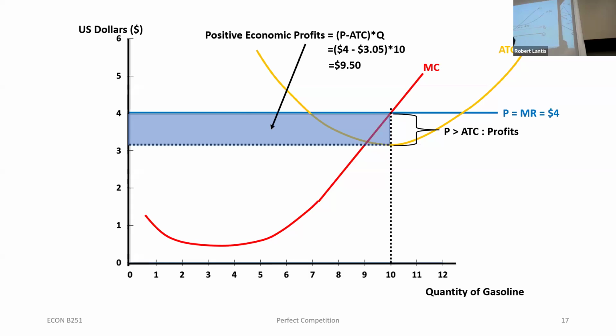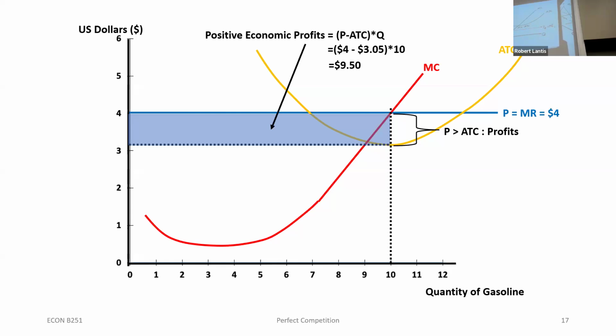So here's my equilibrium price, which is the marginal revenue this firm is going to face. Where's the optimal quantity for this firm to produce? If they're trying to maximize profits, it's going to be where marginal revenue is equal to marginal costs. So here, that optimal quantity is going to be down here.